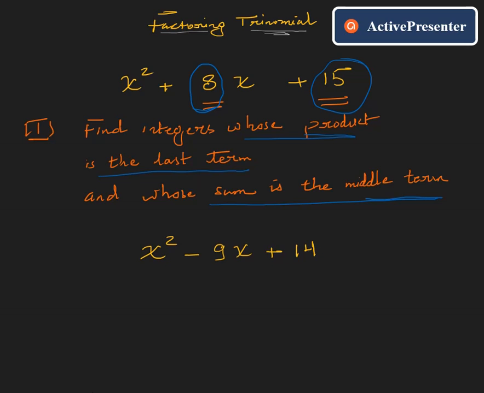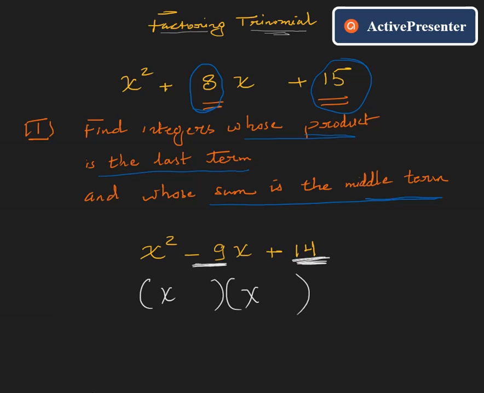Now we have x squared here, so open parentheses, and this should be x and here should be x. Give me those integers whose product is 14 and whose sum is minus 9.